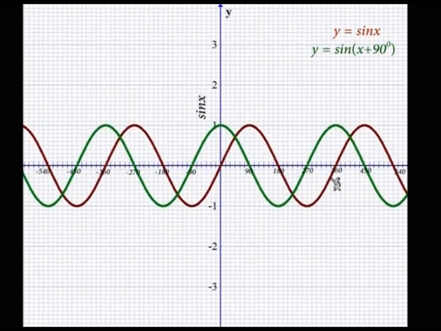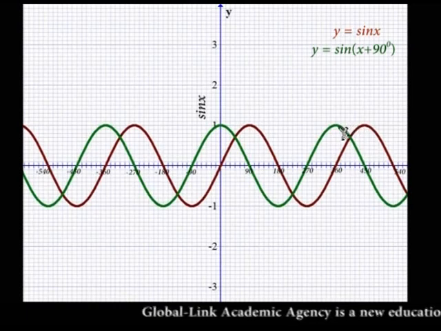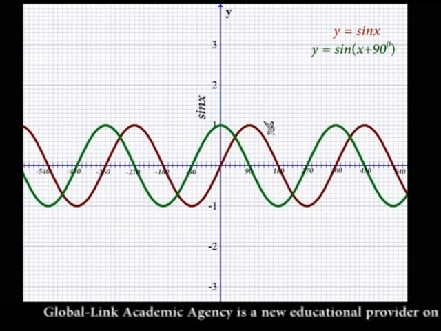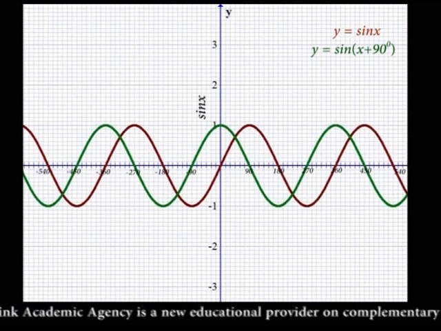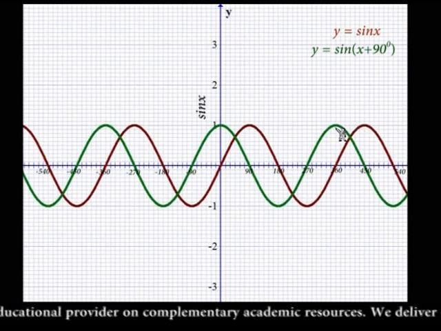The base function is in maroon, and in green we have a C transformation. We added 90 degrees. It's added, or positive, and so we are looking for a shift to the left. And we see the green graph is shifted to the left of the maroon graph, and by how many units? 90 degrees. So we can see a shift of 30, 60, 90 degrees.